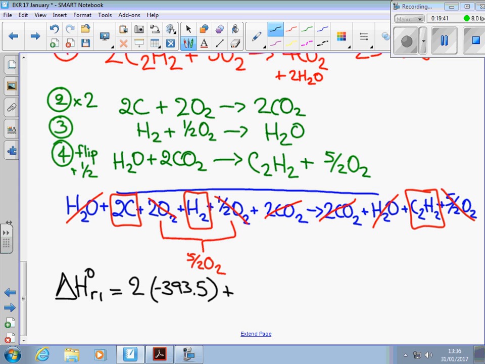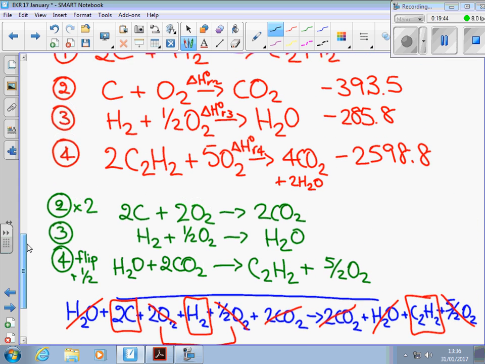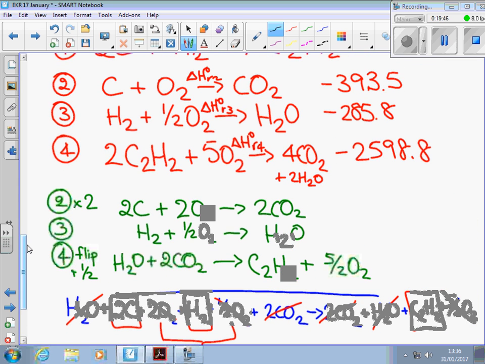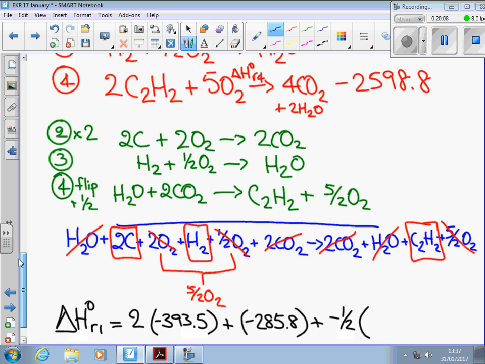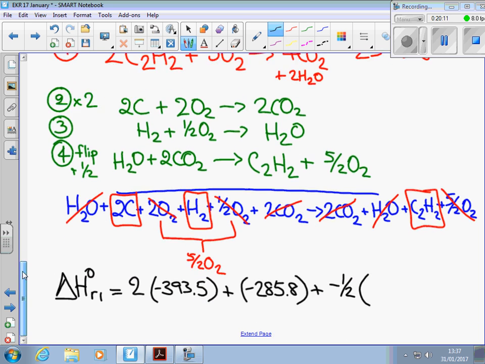We need to add on to that 1 lot of delta H3, R3, sorry, minus 285.8, and then the messy one, flip it and halve it. So we're going to have minus a half of minus 2598.8.